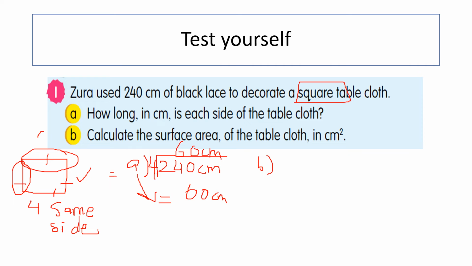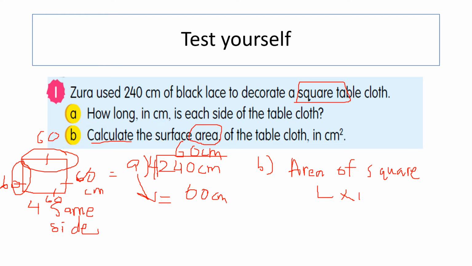So how about B? You know already this is 60. This is also 60, and this is also 60, because it is a square. Calculate the surface area. The question asks you to find the area. So the area of a square, you already learned, is equal to length times width.